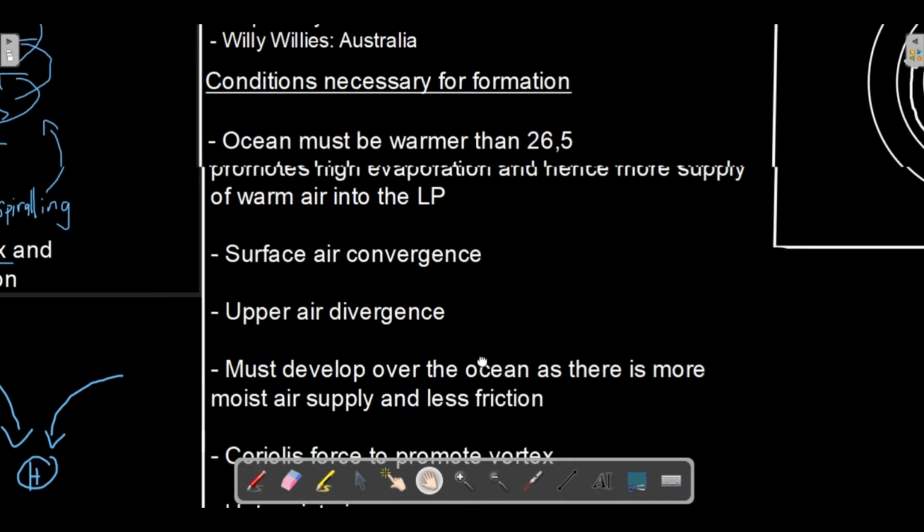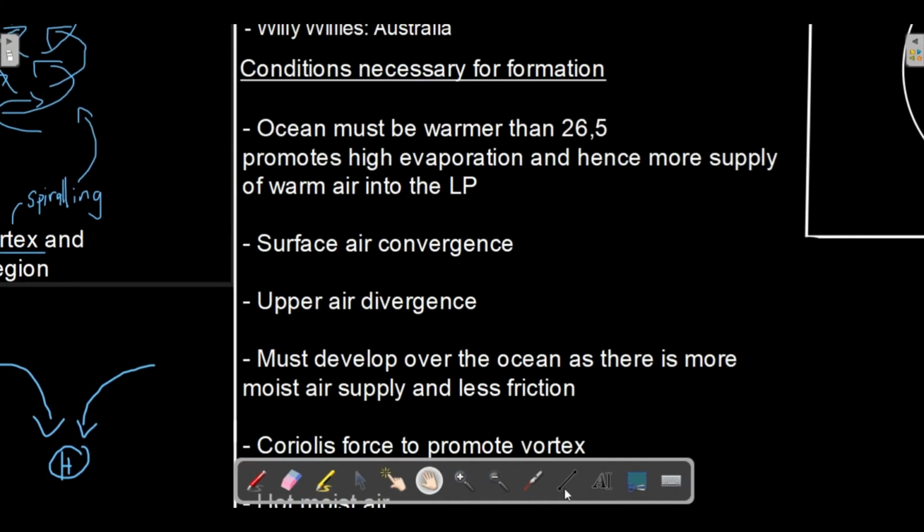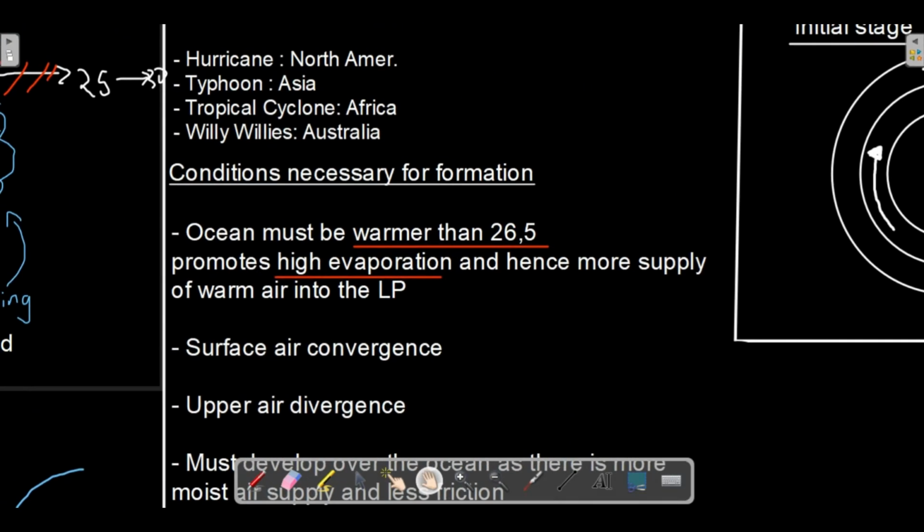For it to form, first of all, there must be a warm ocean, because a warm ocean provides warm, moist air, and warm, moist air rises up, creating a low pressure. So imagine an ocean with a temperature warmer than 26.5 degrees Celsius.